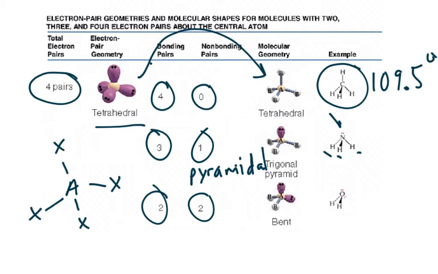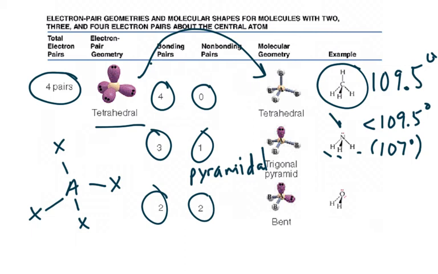Now, again, because the lone pair pushes a little bit more, has a little extra repulsive force, you're going to see that the angle is actually going to be slightly smaller than 109.5. In fact, the measured angle in ammonia is actually 107 degrees for this particular molecule. But it will be less than 109.5.